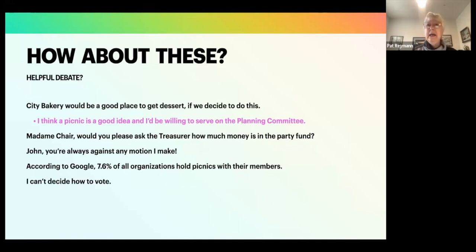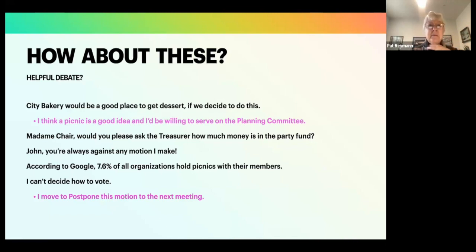Okay, I can't decide how to vote. Someone is exasperated. I can't decide how to vote. All right, that can happen. And so what a person could do is say, I move to postpone this motion to the next meeting. And as I said before, we'll talk about postpone next time. But this would be a way to wait and figure out, let people percolate on the ideas that have been raised.